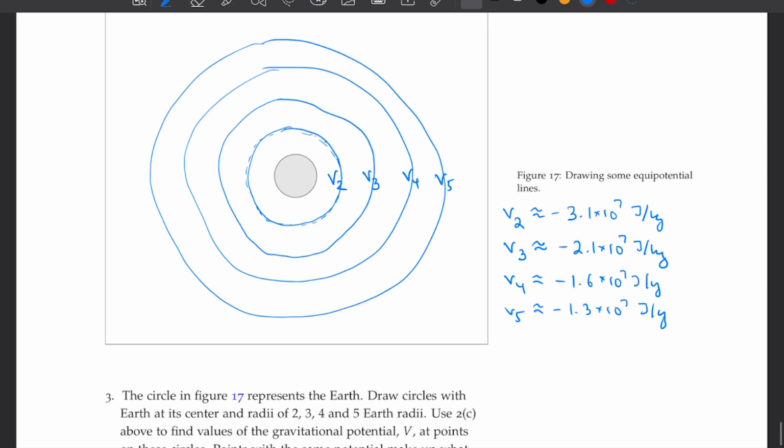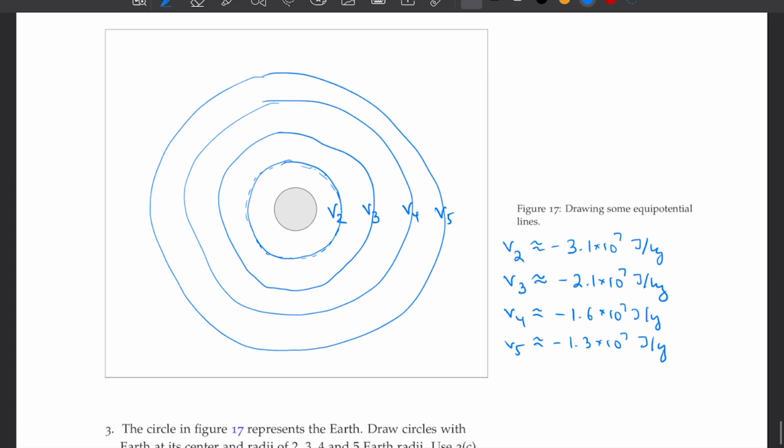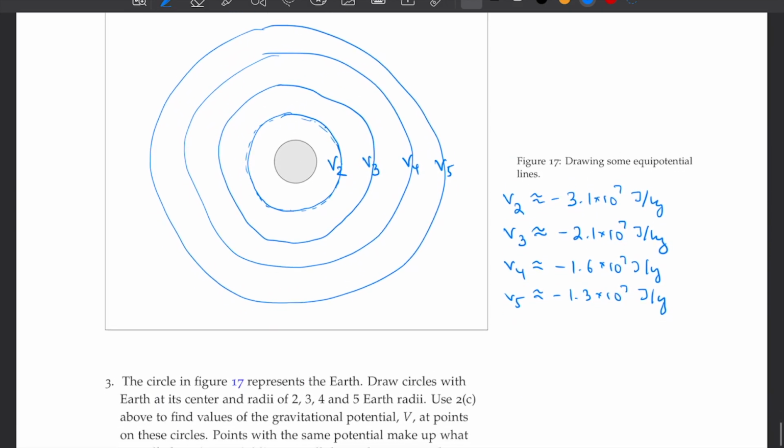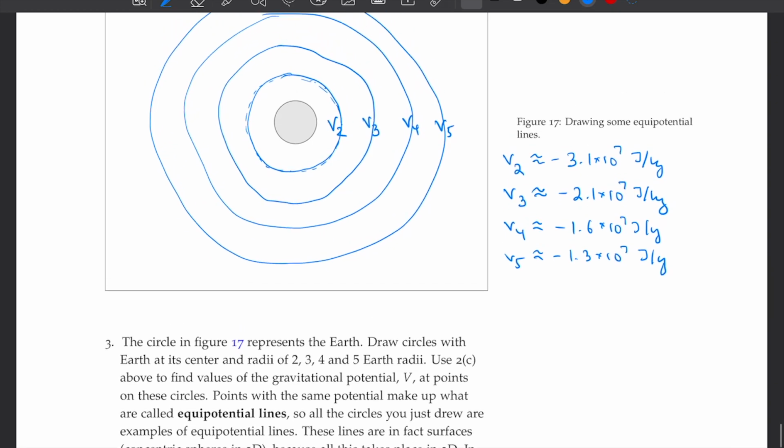These circles are called equipotential lines because points on those circles all have the same potential. Of course, you have to imagine these circles are really spheres in 3 dimensions, because we live in a 3-dimensional world. So we also sometimes refer to these as equipotential surfaces.